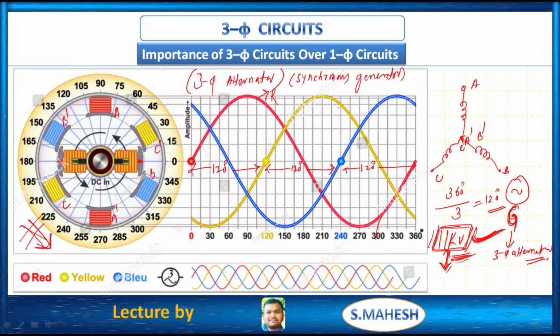R, this is Y, this is B. Okay, red, yellow, blue. Sorry, this is blue. So when this R phase is at 120 degrees, we are having Y phase. When this Y phase is at 120 degrees, we are having B phase, right?